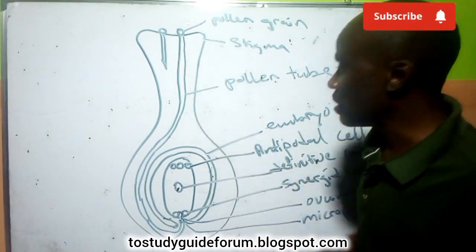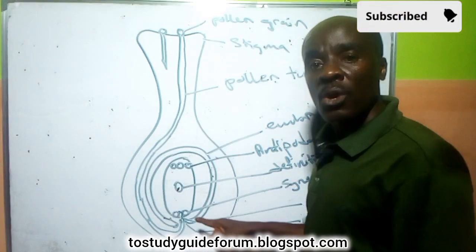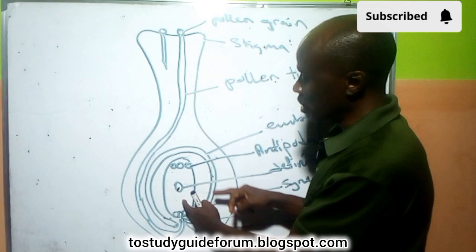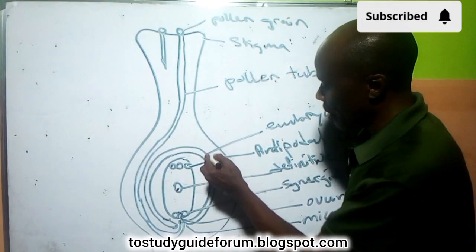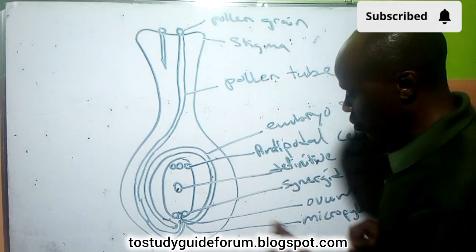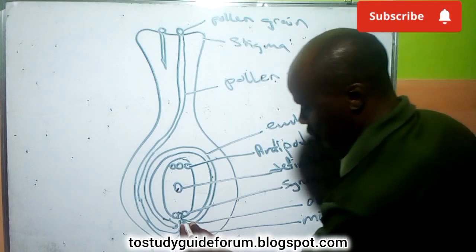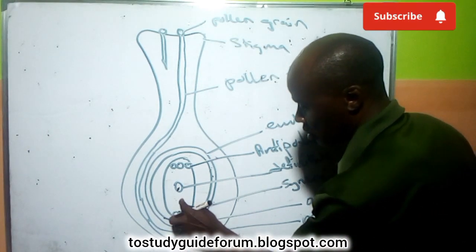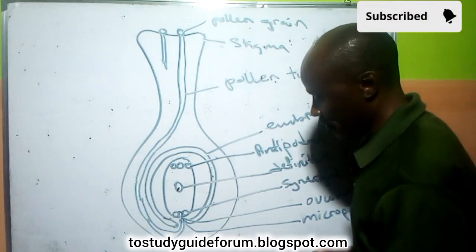Once they are going there, they will be moving straight into this embryo sac. This is the embryo sac. They find their way to the embryo sac through the micropyle. This micropyle is where they find their way to the egg inside there.